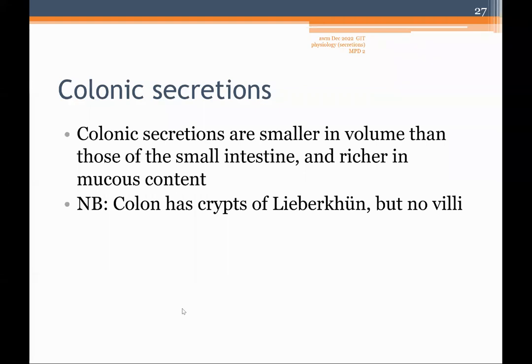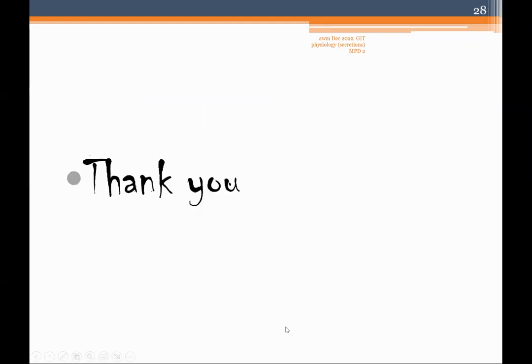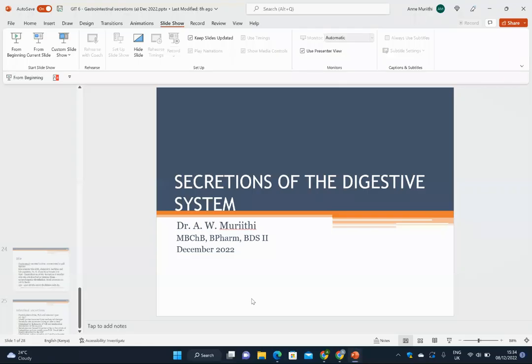And their function, we said, was purely protective and to help lubricate the canal so that substances can pass through. What you've got to remember from your anatomy is that the colon has crypts of Lieberkühn, but there are no villi. So the crypts of Lieberkühn are not only found in the small intestine, they're also found in the colon. And that brings me to an end of secretions.